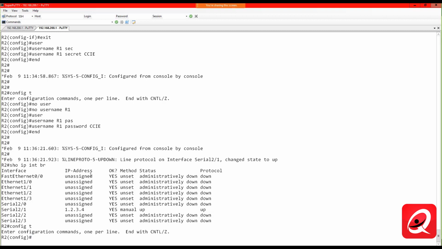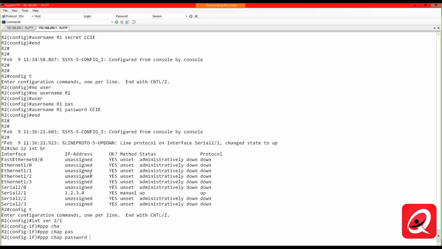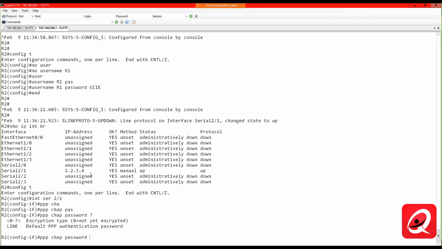If I configure on serial 2.1, for example, PPP CHAP password on the interface, this would apply to all of the neighbors that I'm trying to establish a session with, as opposed to on a per individual neighbor basis.